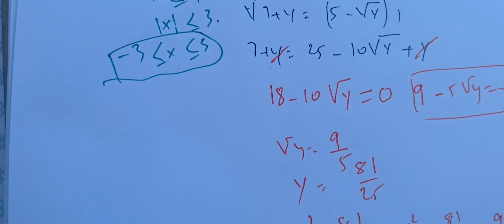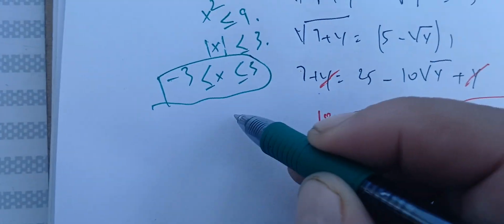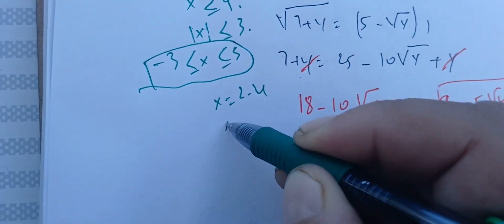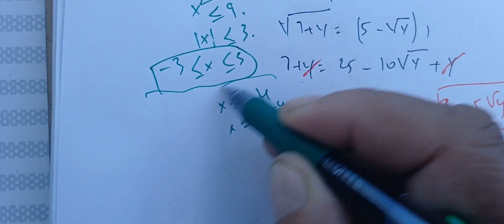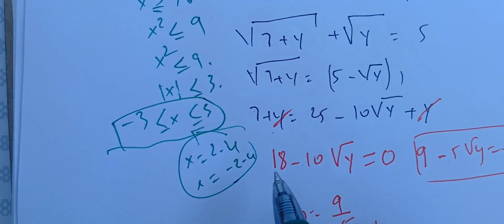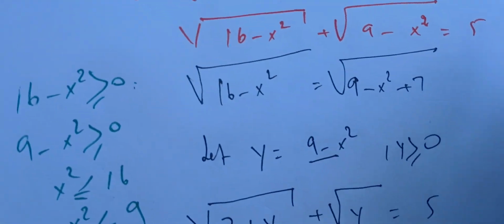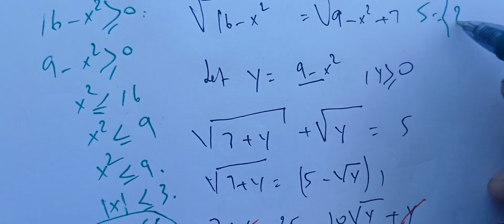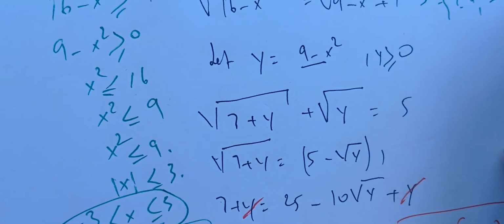Since 2.4 and minus 2.4 are in this domain and they satisfy the equation, the solutions are 2.4 and minus 2.4.